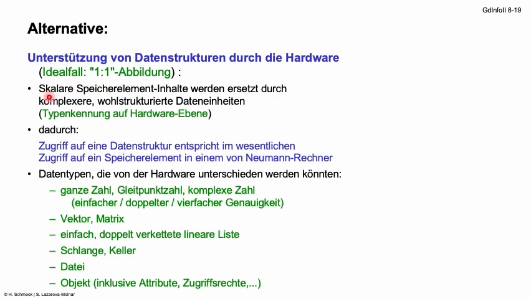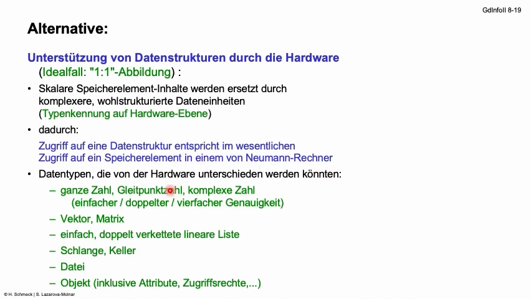It means that the standard scalar storage element contents are replaced by more complex and structured data units, which can be recognized at the hardware level. With this, access of a data structure corresponds essentially to accessing a memory element in a von Neumann computer.